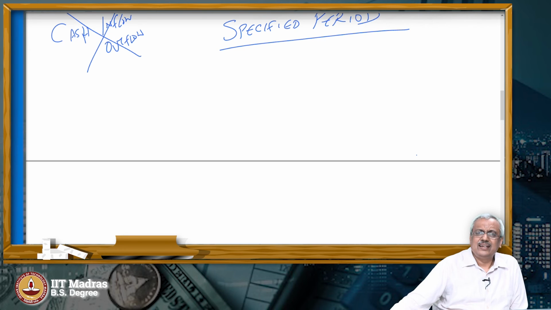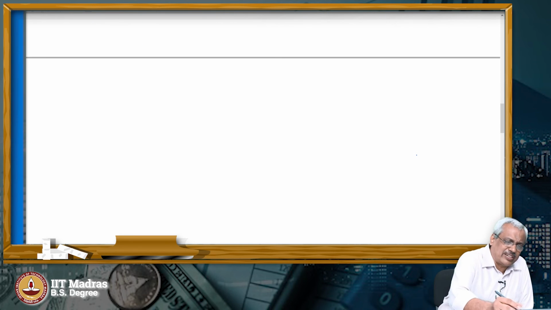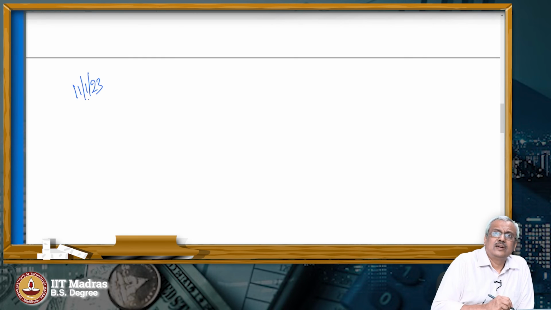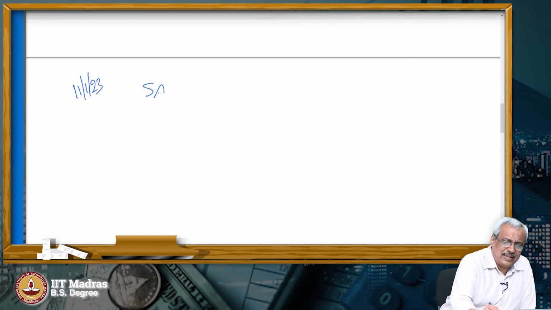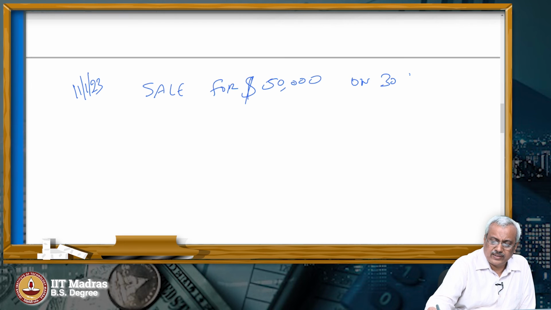Supposing I say that, let us say today is 11th of January. I make a sale for $50,000 on 30-day credit.